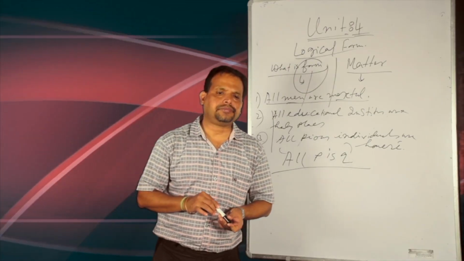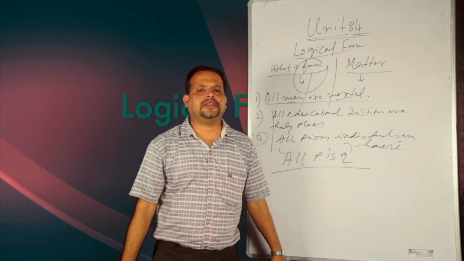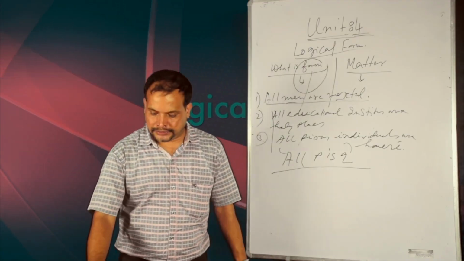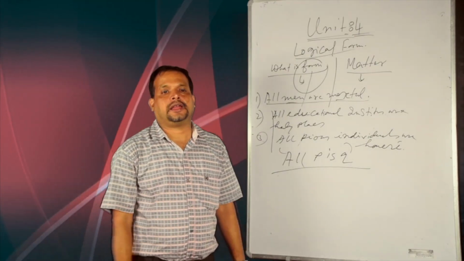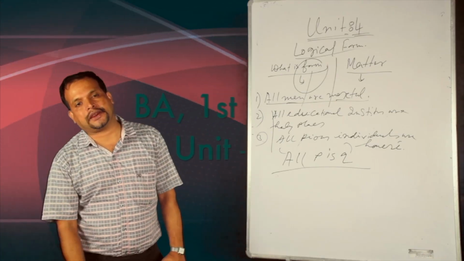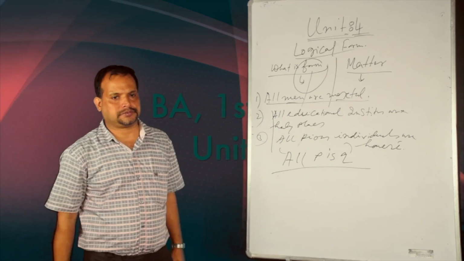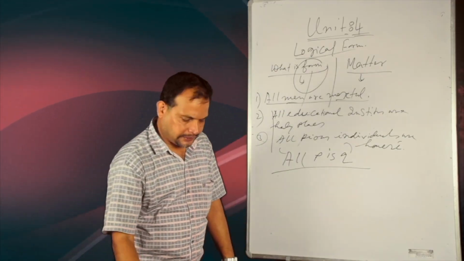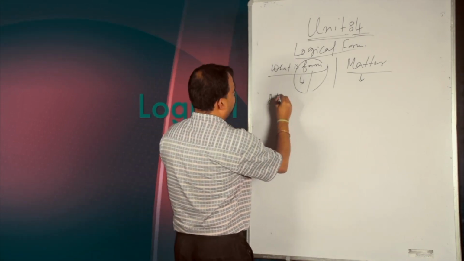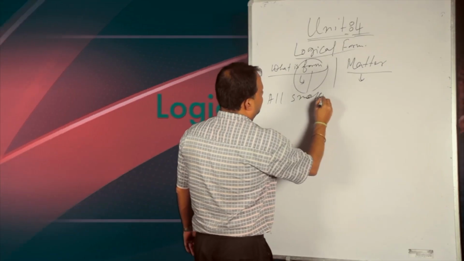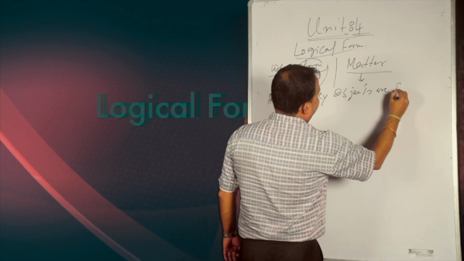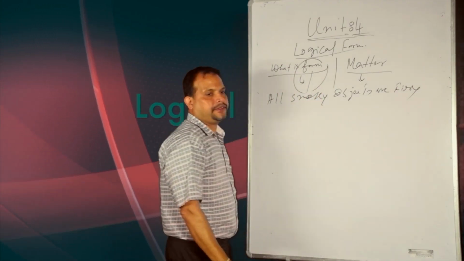You see, dear learners, again, all smoky objects are fiery. If there is smoke, then there is fire. It can be said that the above two propositions have the same matter but different forms. Again I repeat, all smoky objects are fiery, number one.